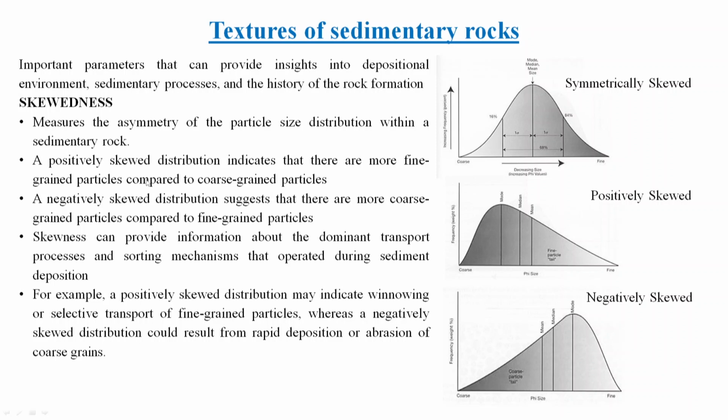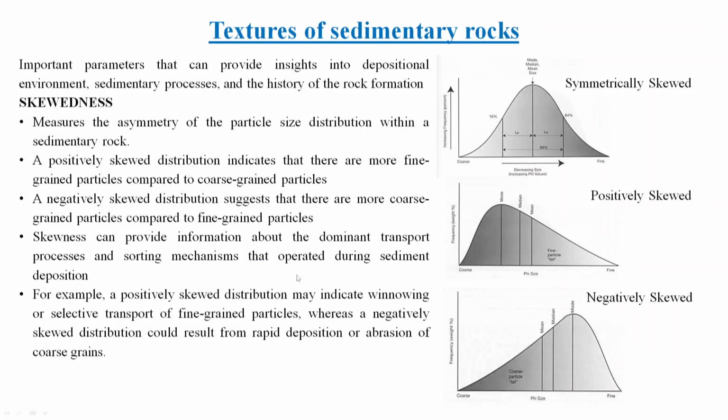Then obviously, like I was mentioning again and again, skewness also can provide information about the dominant transport processes and sorting mechanism. So, you can see that skewness, which also reflects the texture of the particles present in the sedimentary rock, will provide you some information about how it is being transported through its process of formation.